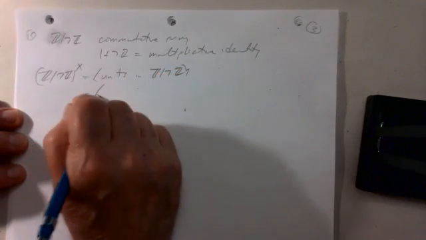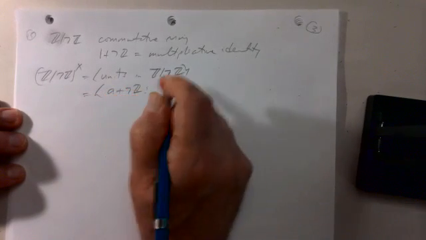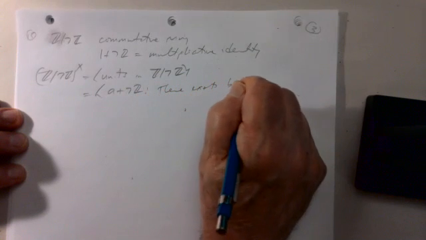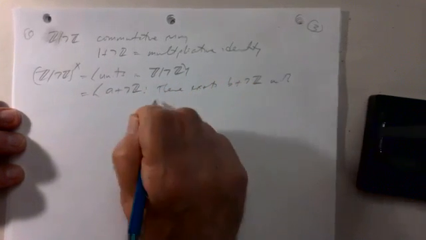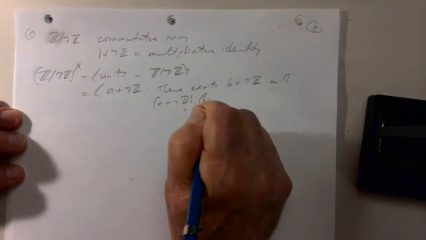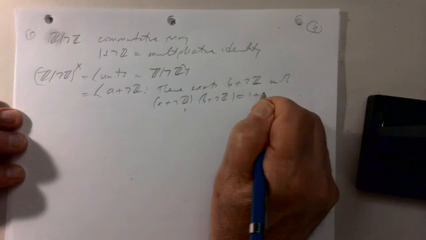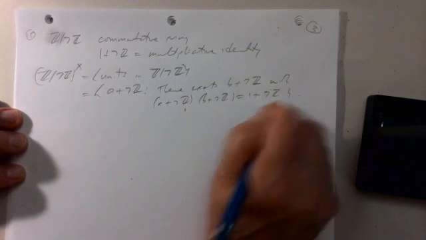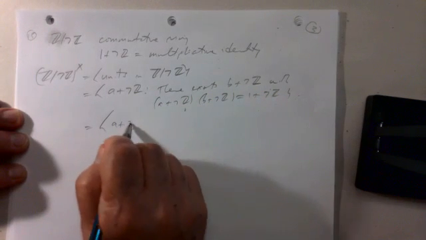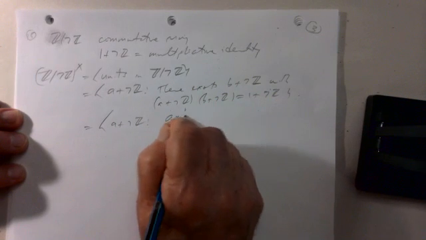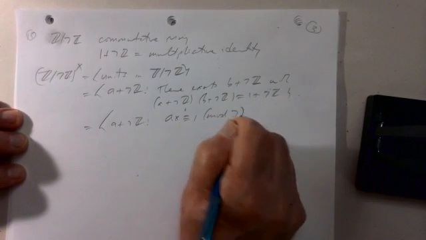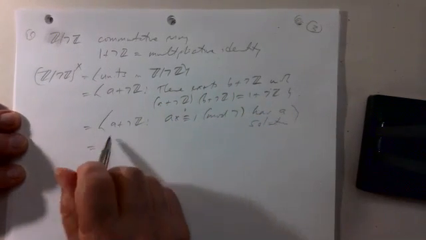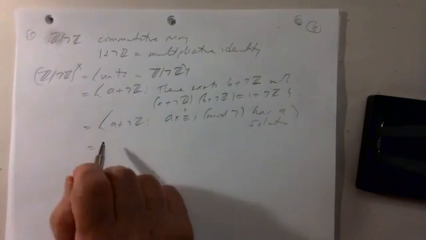What that means is it's all the congruence classes a plus 7Z such that there exists a congruence class x plus 7Z so that when you multiply them, you get the identity. So a plus 7Z has an inverse. Or if you like, that's all a plus 7Z such that ax congruent to 1 mod 7 has a solution. And that's all the congruence classes except 0.